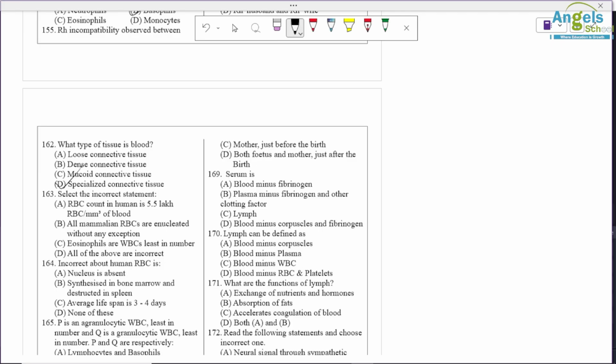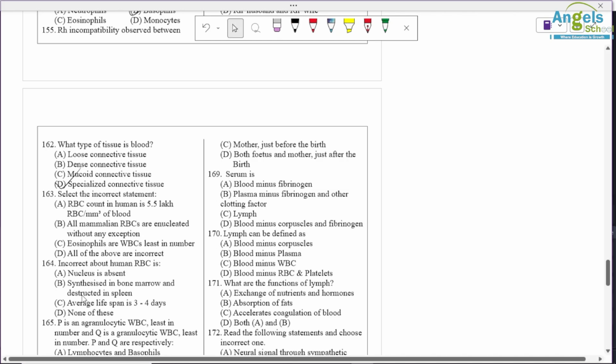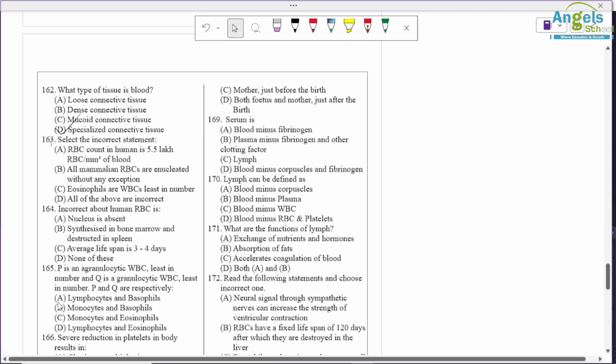Select the incorrect statement. RBC count is 5.5 lakh, no, it's million. All mammalian RBCs are enucleated without any exception, so that is a wrong option. Eosinophils are the WBC least in number, so again a wrong option.